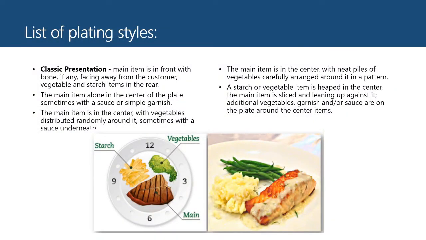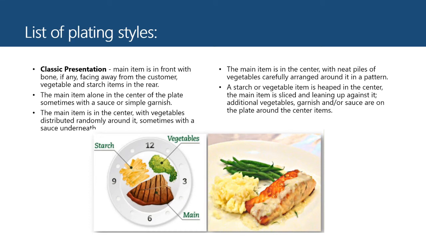Okay, classic presentation. So as you can observe, the classic presentation has 5 elements. Yung diniscuss natin kanina, which is the protein or the main item, the starch or the rice, potato, so on and so forth, vegetables, sauce, and the garnish.